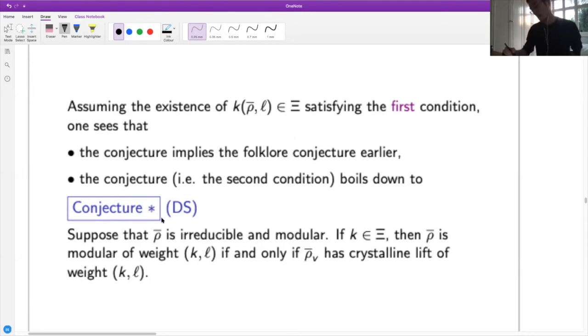So ρ̄ is my mod p Galois representation, which I assume is irreducible and modular. If my K is in C, then ρ̄ is modular of weight K,L is equivalent to saying that in fact the restriction at the decomposition group at v has a crystalline lift of weight K,L.